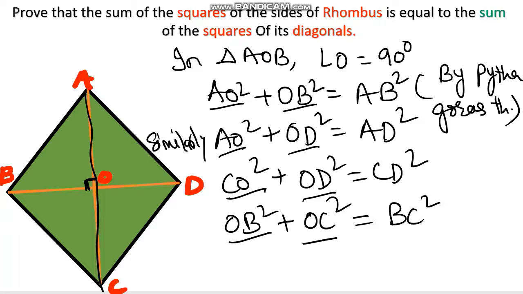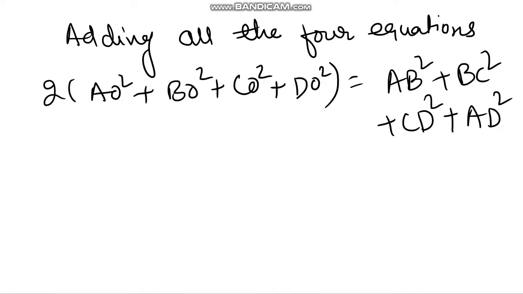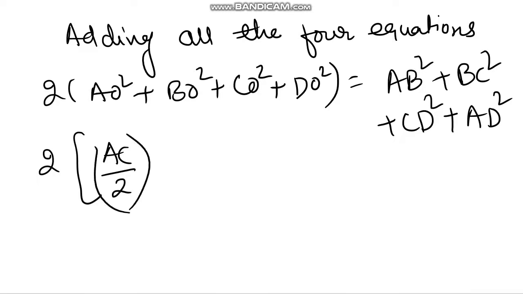We shall use it here. AO is half of AC, so this will be AC by 2 whole square plus BO, that is BD by 2 whole square.